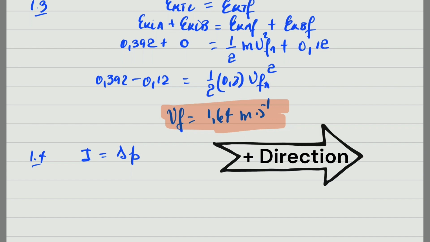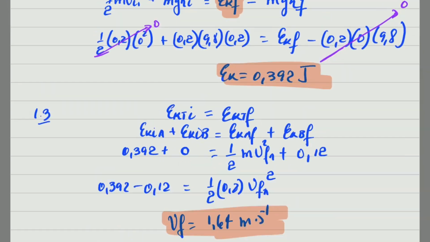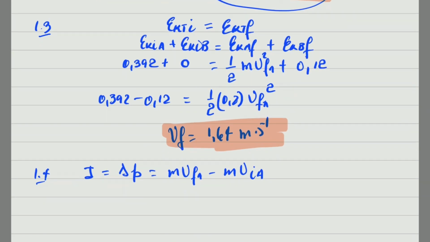We're working with ball A, so everything is for ball A. And this is equal to mass multiplied by the final velocity A minus mass multiplied by the initial velocity A, and we don't have the initial velocity A, we only have the kinetic energy initial of A, which was calculated right there. So we can calculate the initial velocity of ball A.